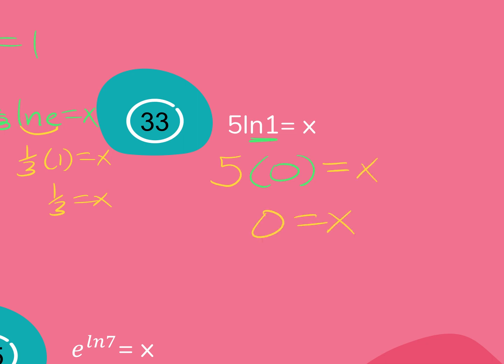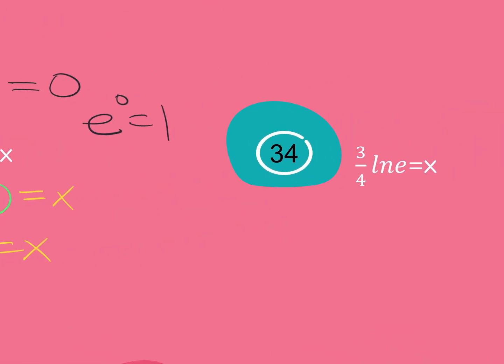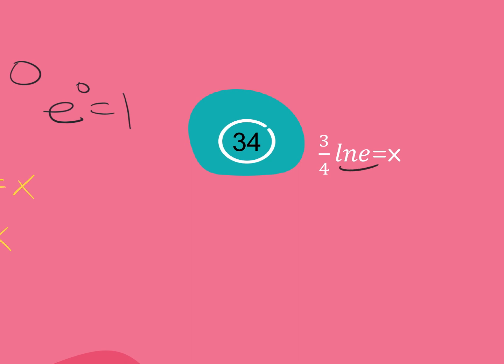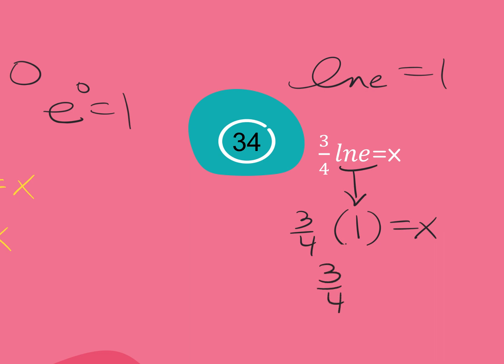So memorize that the natural log of 1 is equal to 0, because remember, anything raised to the 0 power is 1, and that would have been the little e base. Number 34. Here we go with the ln e being multiplied. Remember, ln e equals 1. So I can replace ln e with a 1, times it by the 3/4, and that's what x equals.